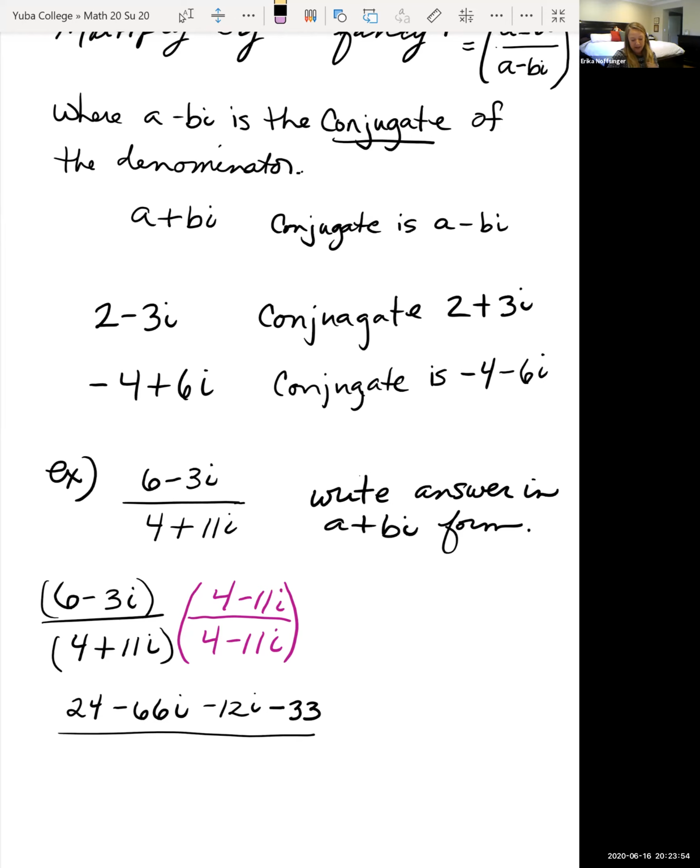So I can distribute like I just did on the top, or I can again use that fact I was talking about but didn't write down, that these look like a difference of squares. So recall, if we had a squared minus b squared, we factored that as a minus b, a plus b.